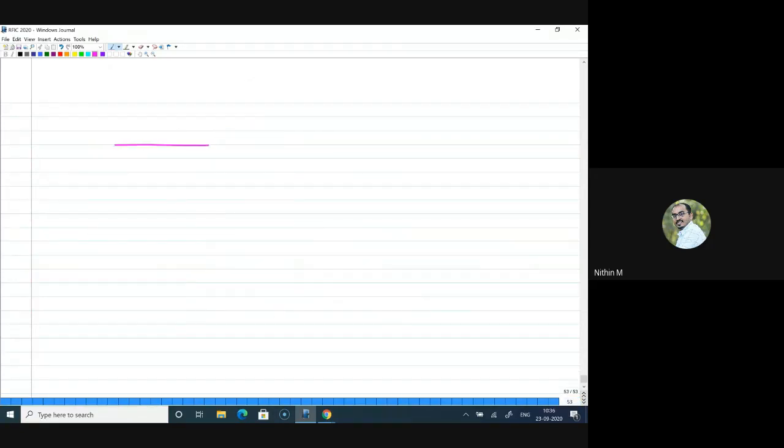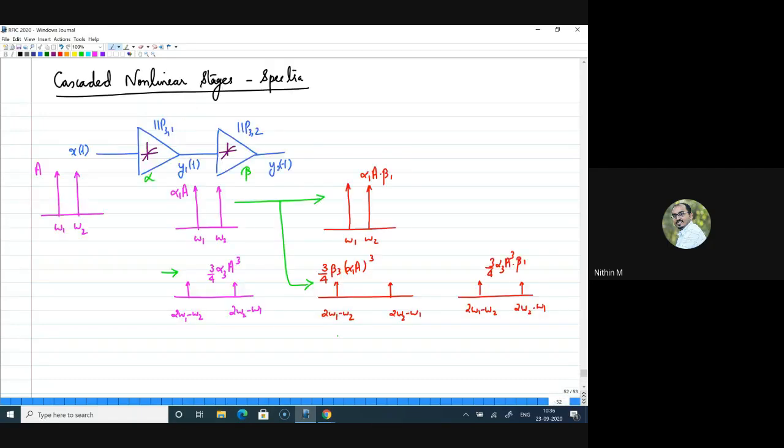Now, say this is omega 1 and omega 2, the two frequencies, with the amplitude of this as alpha 1 into A. What I'm looking at here is, I am trying to accumulate all the first order terms and third order terms that can be present at the output of the second stage, or that can be present at the final output.